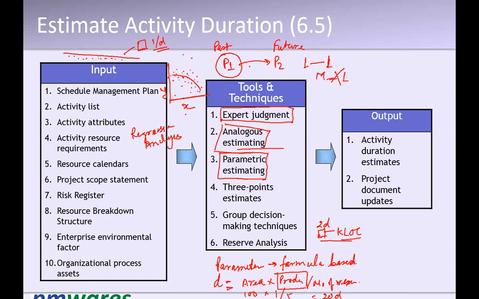Now if I replace X with size and replace Y with productivity, what I am saying from the past projects is, if the project was this size, the productivity was this much. If the project was this size, the productivity was this much. Based on that, I have put up this line.